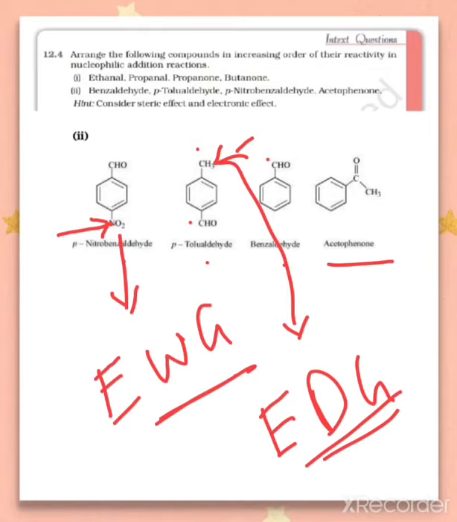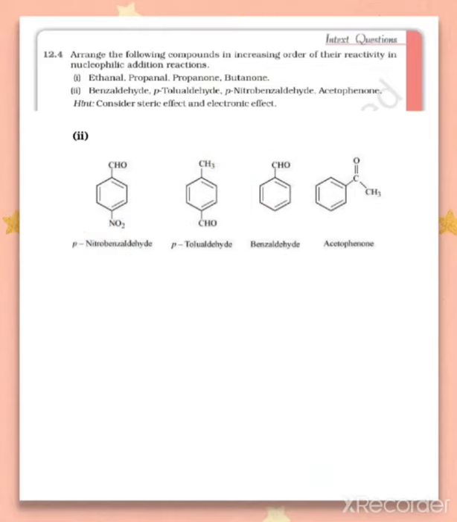Since the nitro is an electron withdrawing group, the electrons are withdrawn towards the nitro, therefore the partial positive charge on the carbon will be greater. But here the methyl group is an electron releasing group, it releases the electrons.